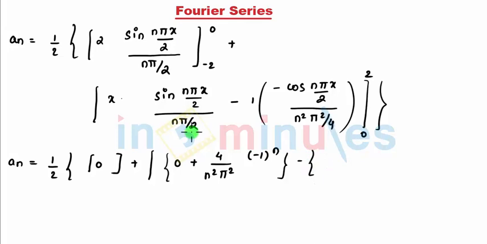Now putting the second limit 0, the first term becomes 0, minus and minus plus, and then I can write 4 upon n square pi square, and cos 0 gives me 1.